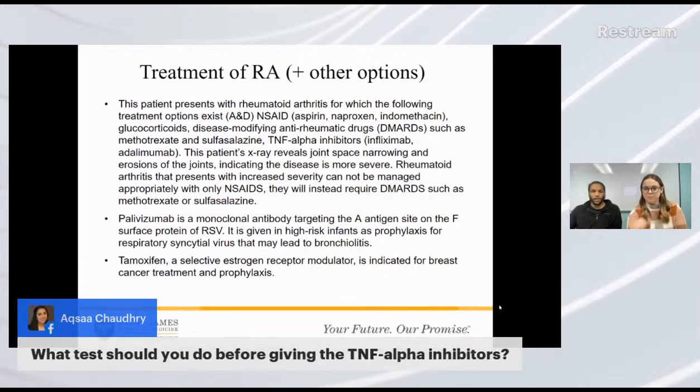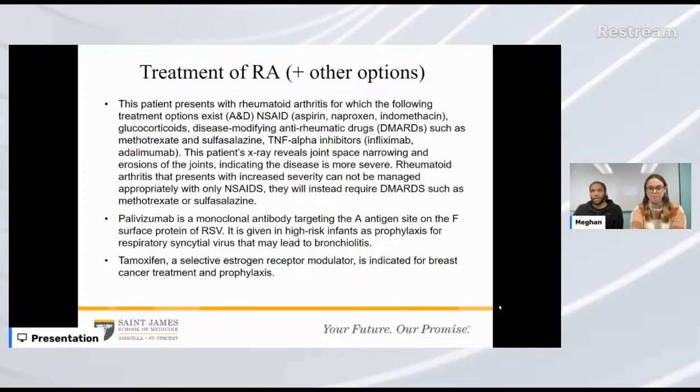We do have a question asked in the chat. What tests should you do before giving the TNF alpha inhibitors? Before giving most of the anti-autoimmune drugs, but more specifically TNF alpha inhibitors, you do want to do a tuberculosis test to make sure that they don't have silent TB, or basically that they've had TB at one point and now it's just dormant in their body.